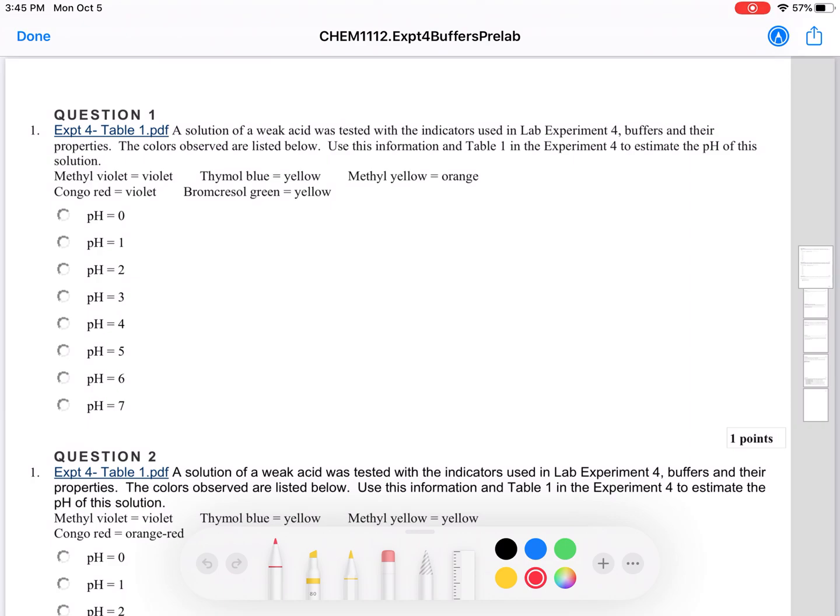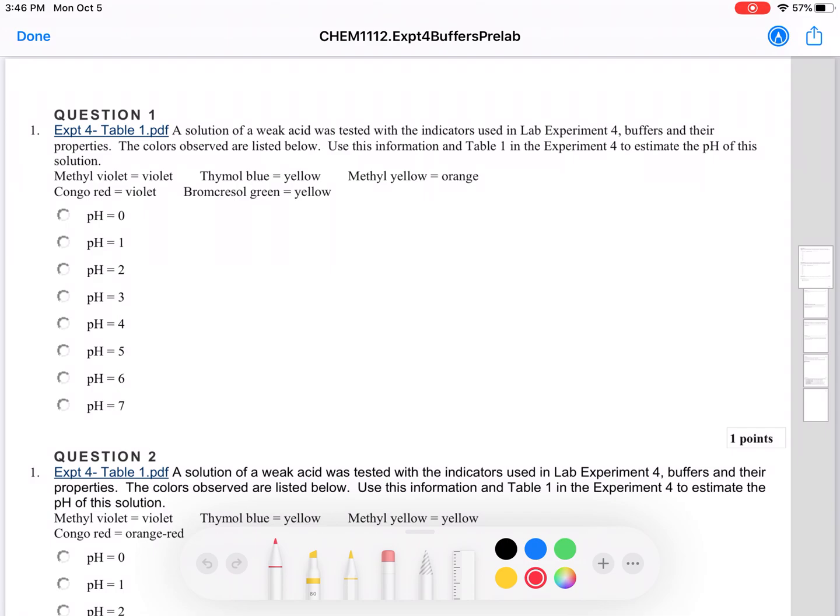So you have two pieces of information that would be helpful for you to find out the pH of the solution. First, let's look at the indicators. Indicators are organic molecules that can change color based on the hydrogen ion concentration in the solution. Methyl violet is one kind of indicator.